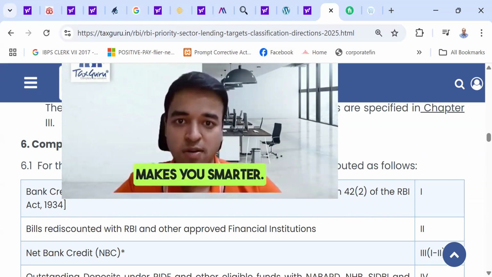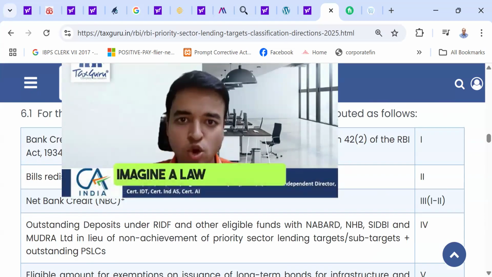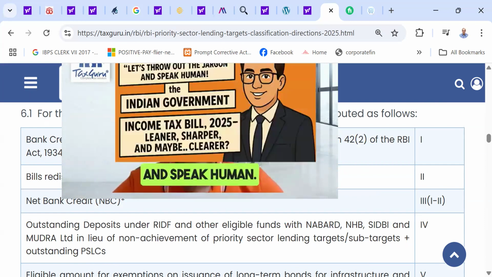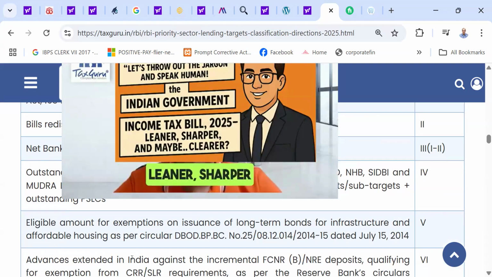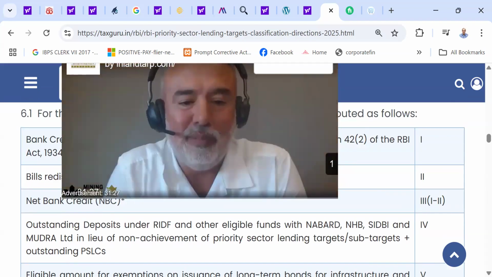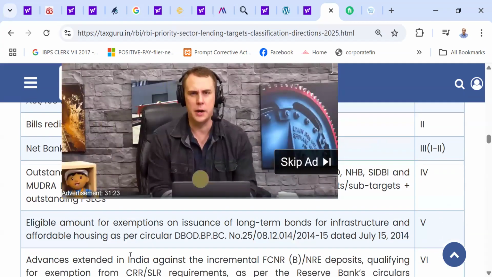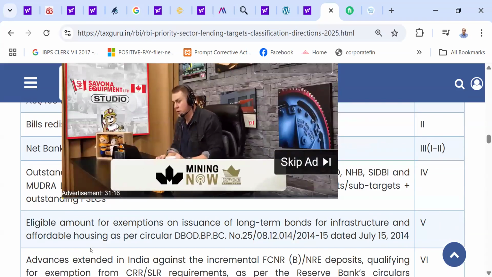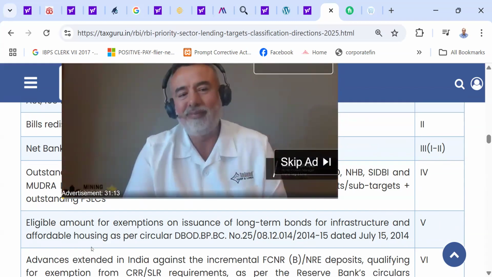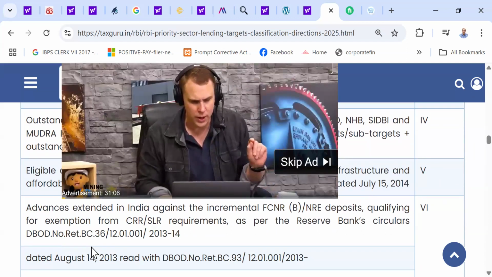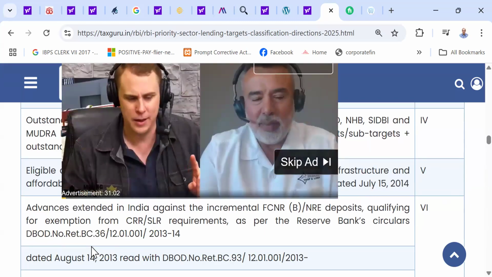Three, outstanding deposits under RIDF and other eligible funds with NABARD, NHB, SIDBI and Mudra Limited in lieu of non-achievement of priority sector lending targets and sub-targets, plus outstanding PSL. Four, the eligible amount for exemptions on issuance of long-term bonds for infrastructure and affordable housing as per circular DBOD number 25, and advances extended in India against the incremental FCNR or NRE deposits.